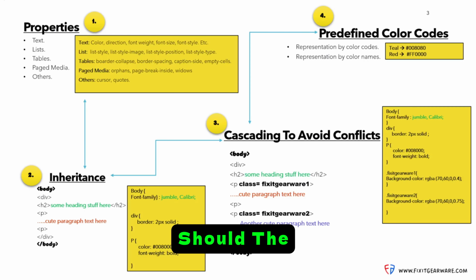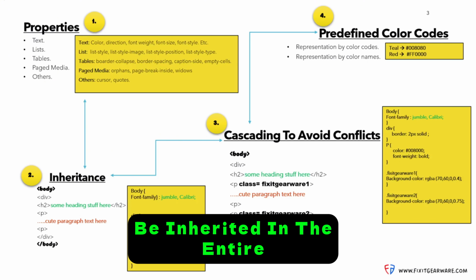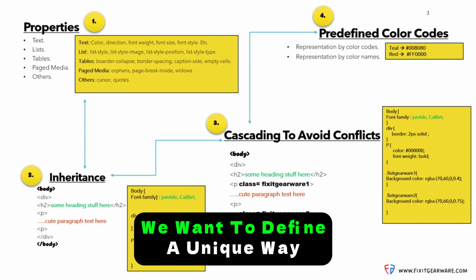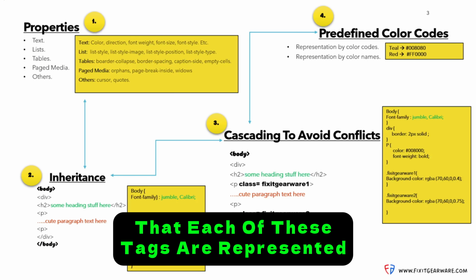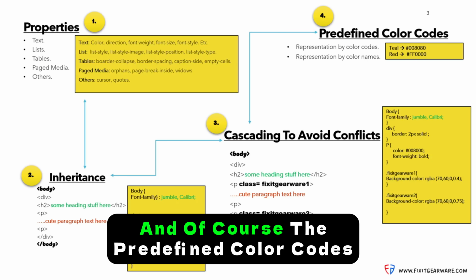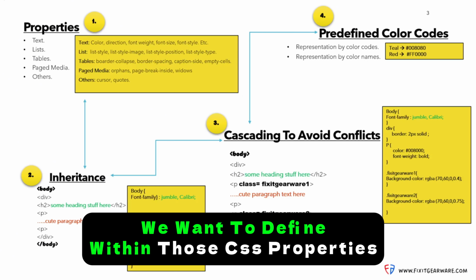Should the properties defined in the parent tags be inherited by all the tags within the parent tags, or do we want to define a unique way that each of these tags is represented by adopting the cascading concept to avoid conflicts? And of course, the predefined color codes that are needed for each representation we want to define within these CSS properties.